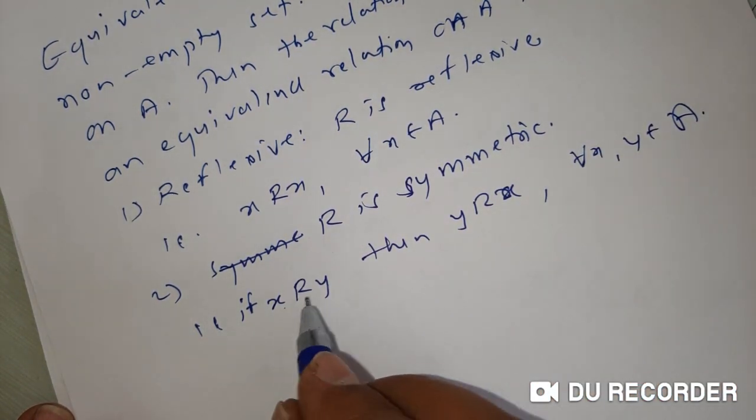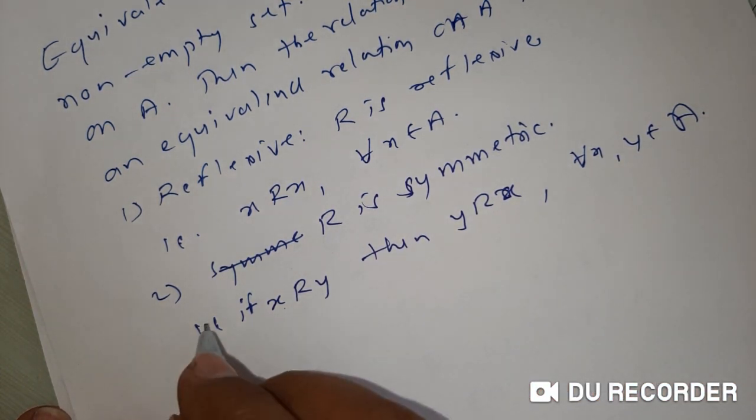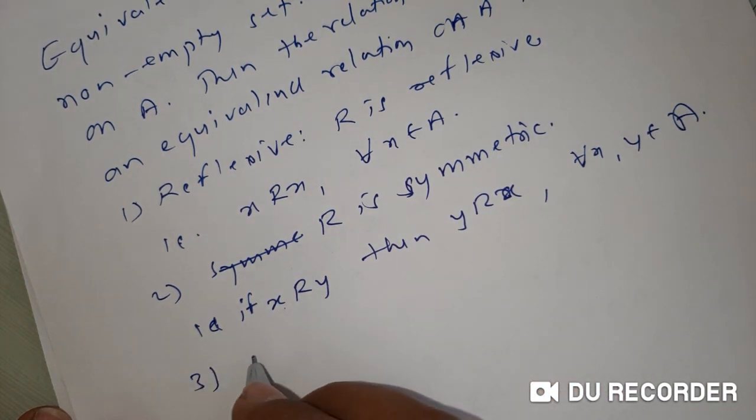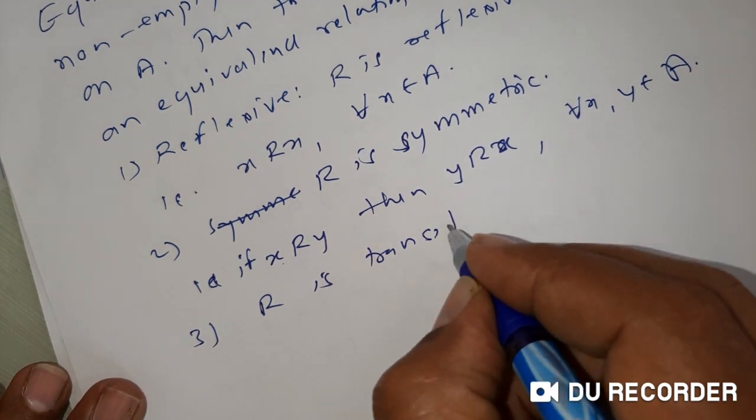That is, if one element is related to another, then the second one is also related to the first one, then we say the relation is symmetric. Number 3, R is transitive.